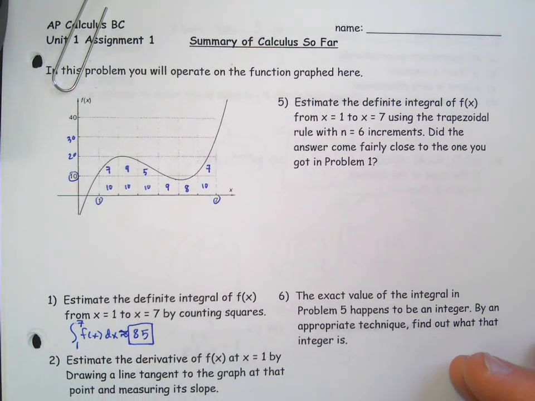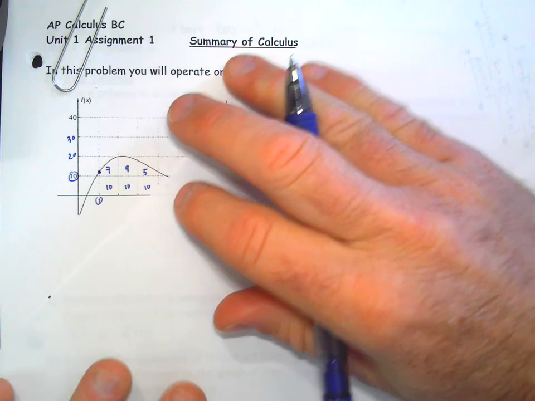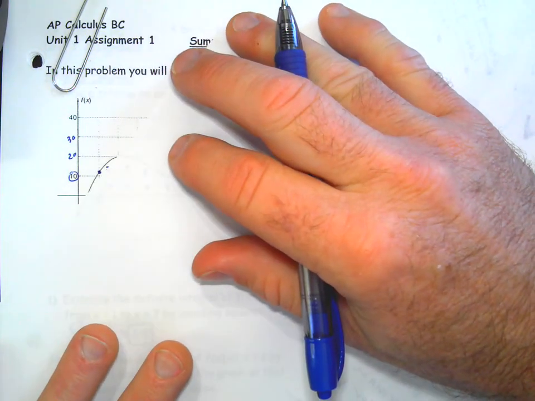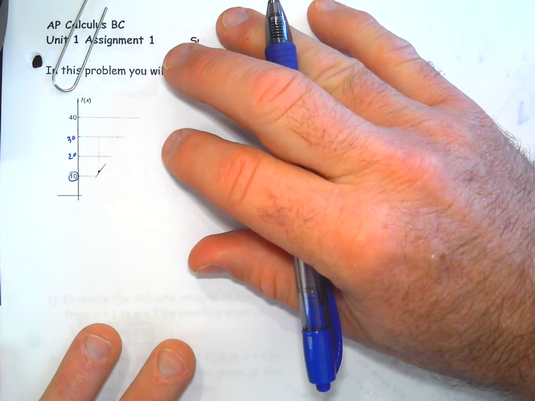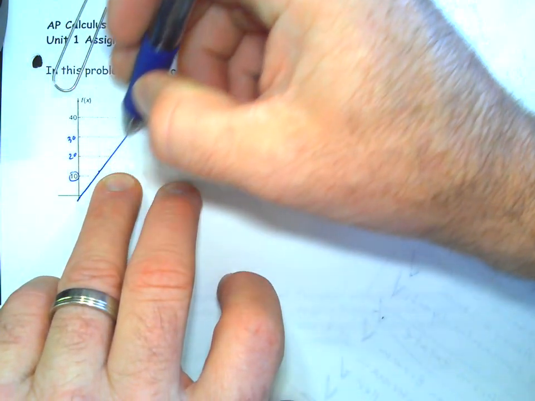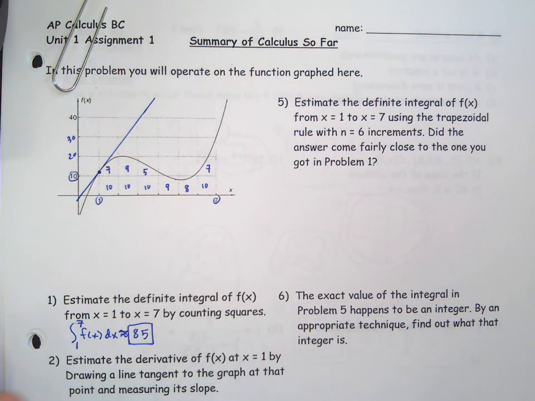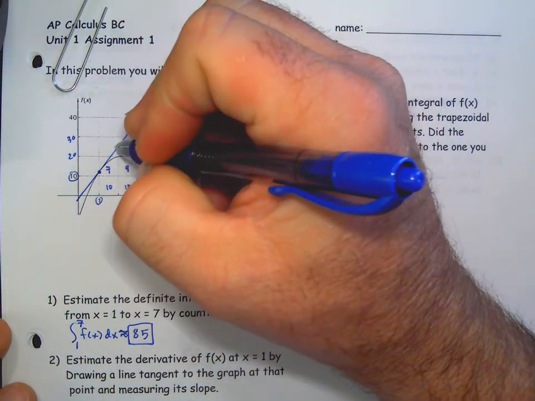Number 2, estimate the derivative of f of x at x equals 1 by drawing a line tangent to the graph at that point, measuring slope. So you can maybe use something to help you draw a straight line at 1. So the tangent line looks like maybe not like that. So we could draw a tangent line, and we try to find some nice values.